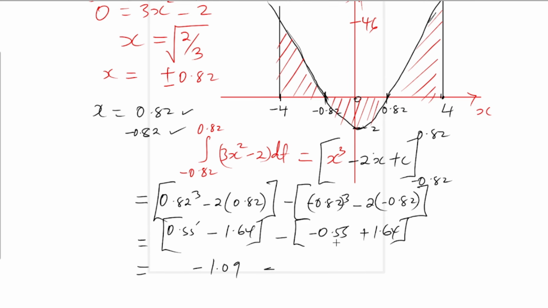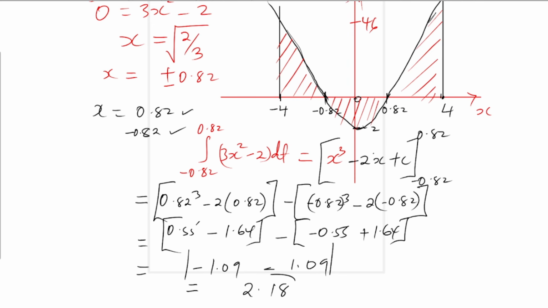Then the other one, when you subtract, will be positive 1.09. Whatever is in the bracket here will be positive. So negative times positive is negative. Because you want to consider the absolute value, we ignore the negative. The negative only shows that the area is below the x-axis, which you can see from the diagram.